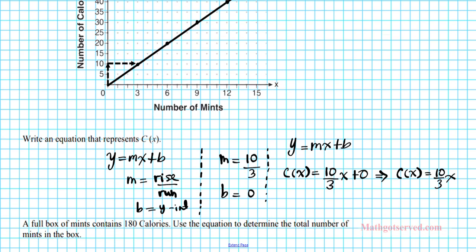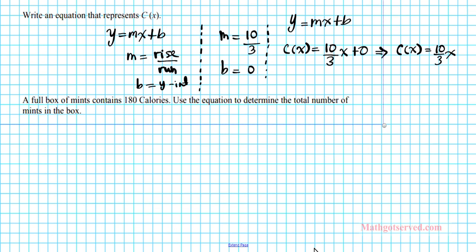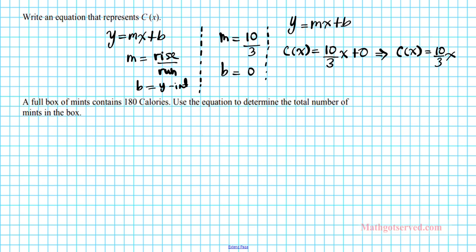Now the last piece of the problem says that the full box of mints contains 180 calories. Use the equation to determine the total number of mints in the box. So this is basically like an algebraic equation. What we're doing is we're to find, remember, number of mints in the box is x, right?